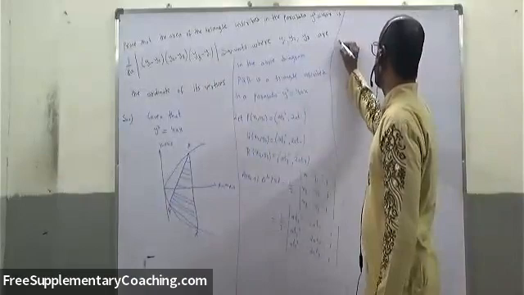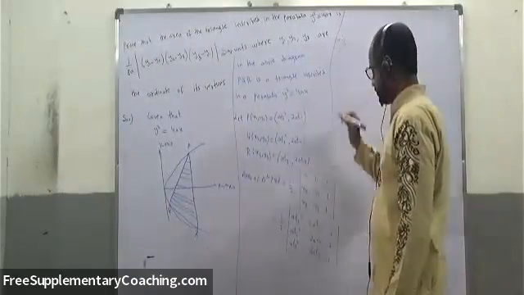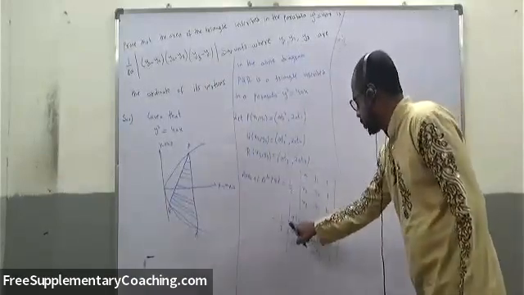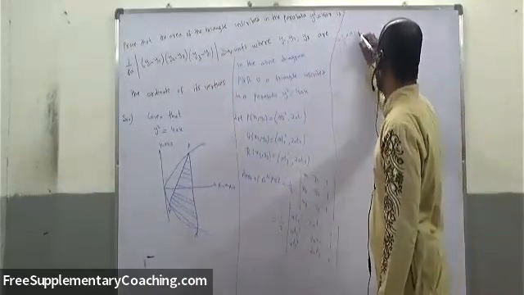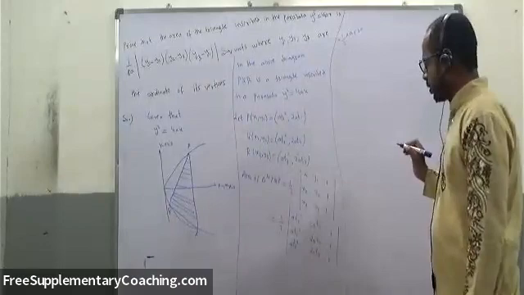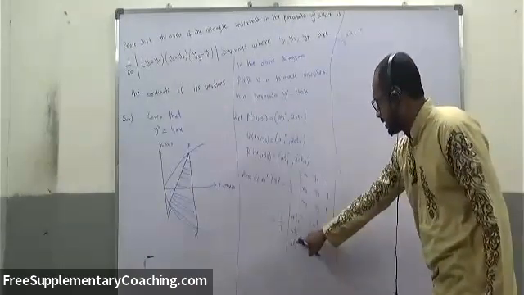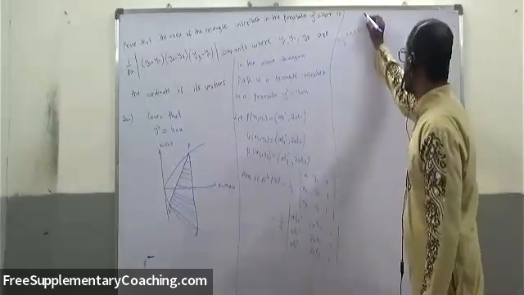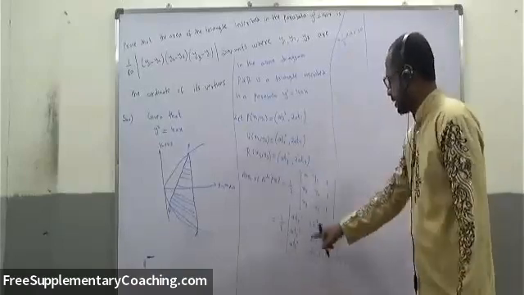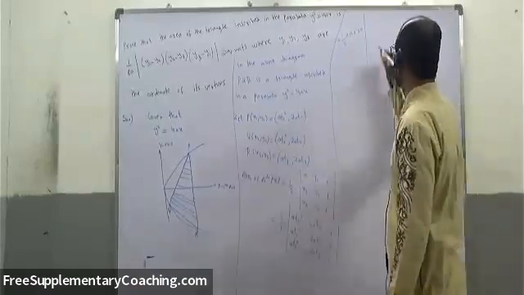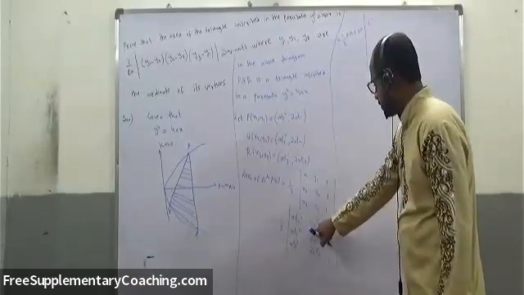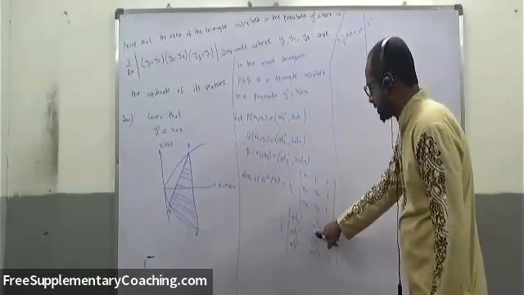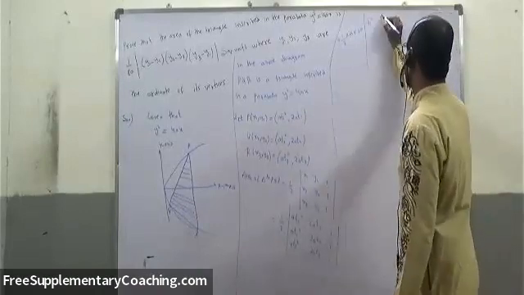So I can get 1 by 2 from the first column, A into 2A. I'm taking 2A outside from here and here. So what I'm getting here: T1 square as 2A is outside, just T1 is left.